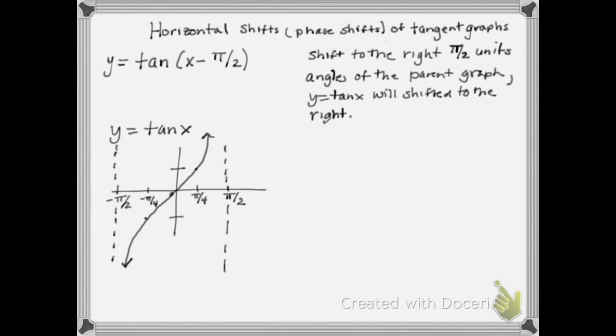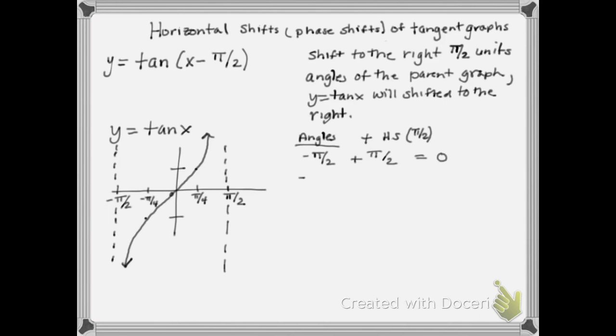What we're going to do is look at the angles of our original tan graph, and then add the horizontal shift. The horizontal shift should be adding pi over 2 because it's shifted to the right. My asymptote was at negative pi over 2, but when we add the pi over 2 shift, my new angle is going to be 0.